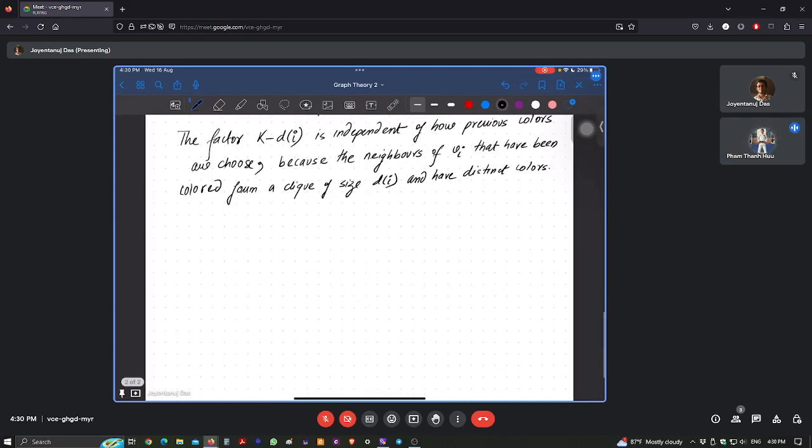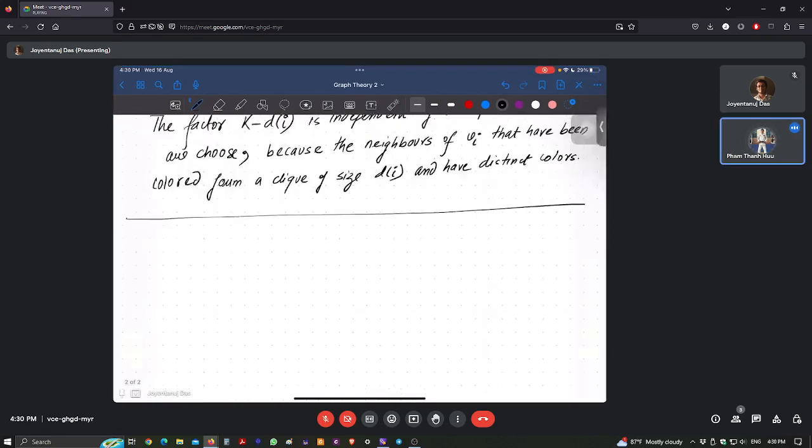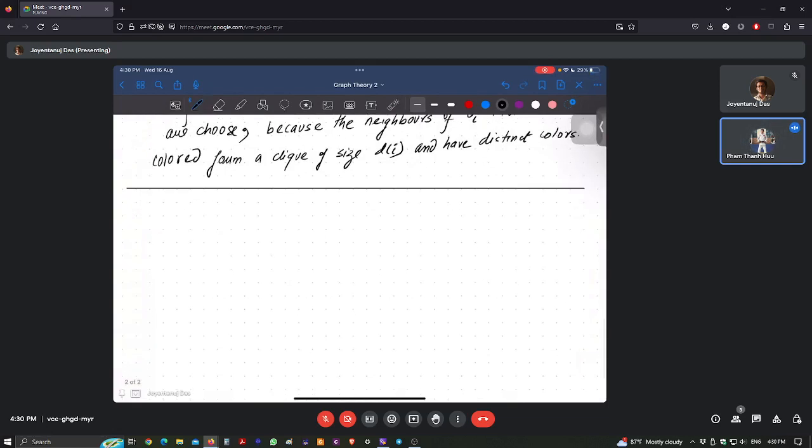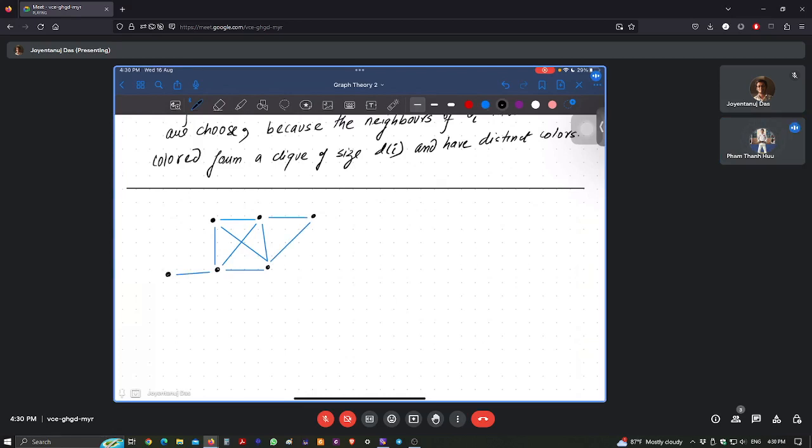Let us take this graph. Can you give a simplicial elimination ordering to this graph?